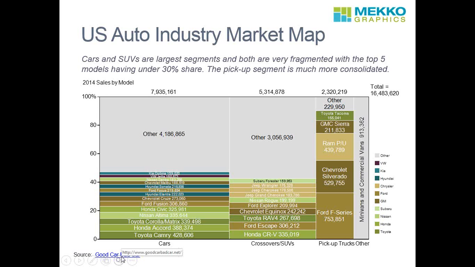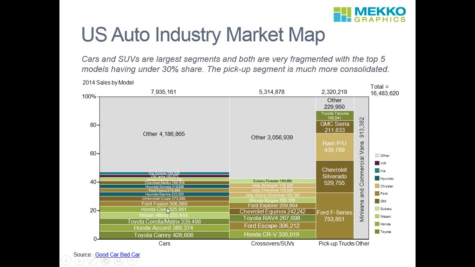Again, an industry with a lot of good data around, so I found this data on the web. And you can see here that this is also a very fragmented market, but split among 3 main segments: cars, SUVs, and trucks. And here I used color to denote both the manufacturer and the country in which the manufacturer is from.